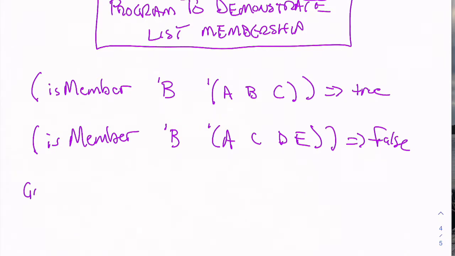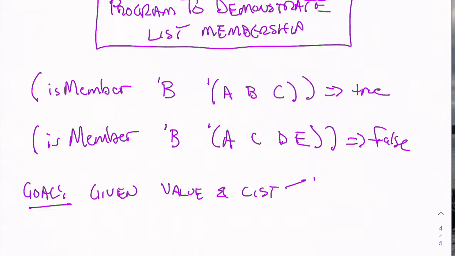So to be specific here, our goal is given an atom. Well, actually, it doesn't even have to be an atom. We'll just say given a value and a list, we're going to return true if the value is in the list, and we're going to return false otherwise.